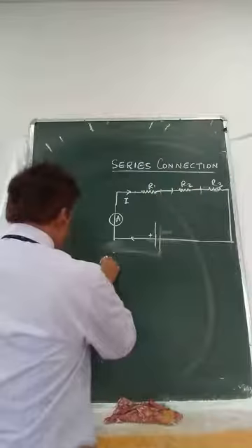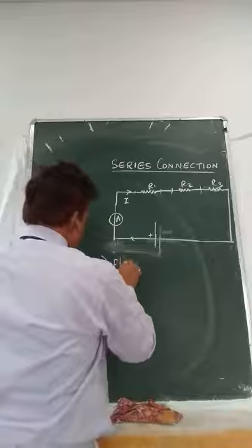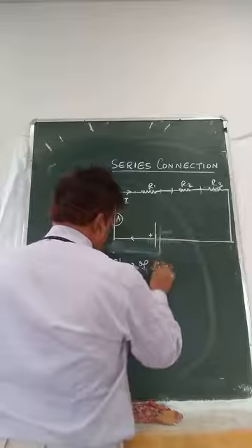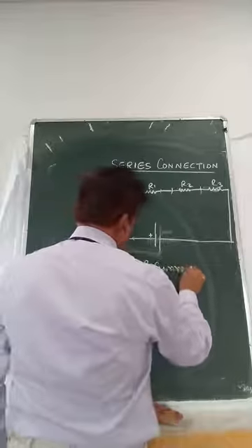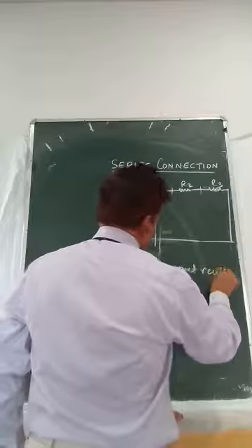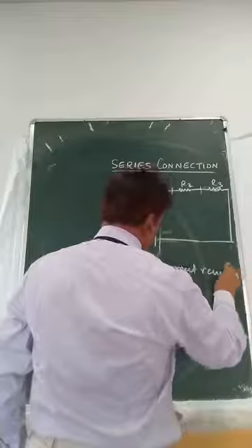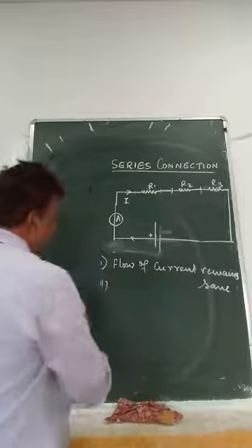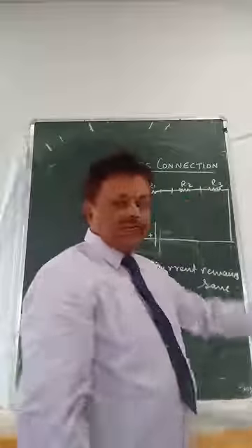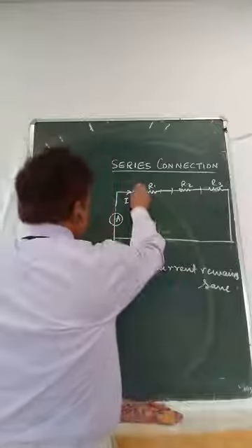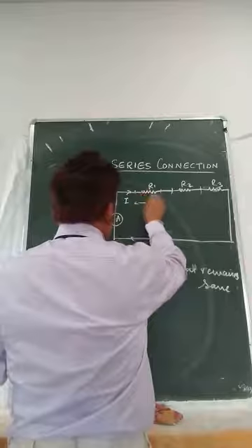So the first point: the flow of current remains the same. Second point: the potential gets divided. Means for this, here to here is V1.